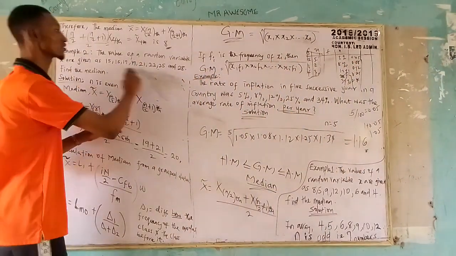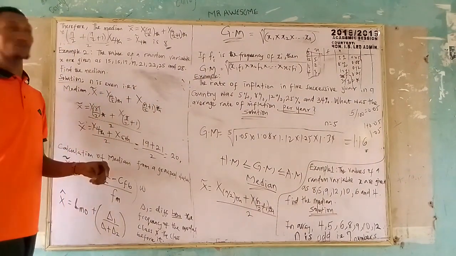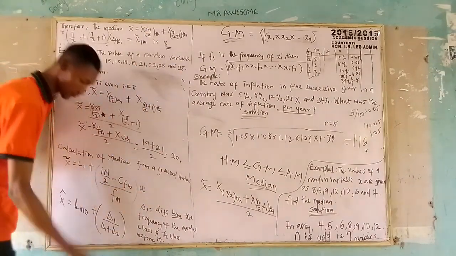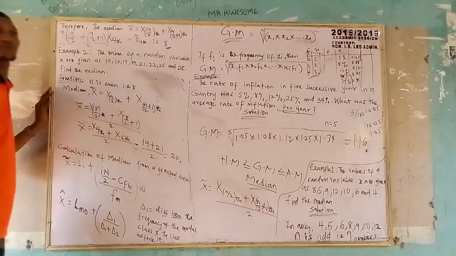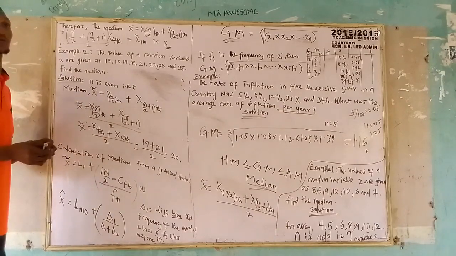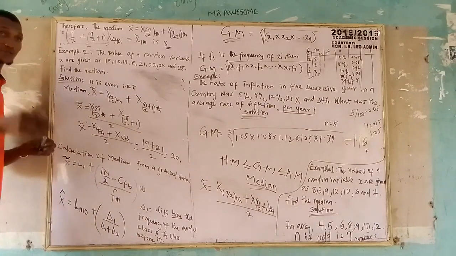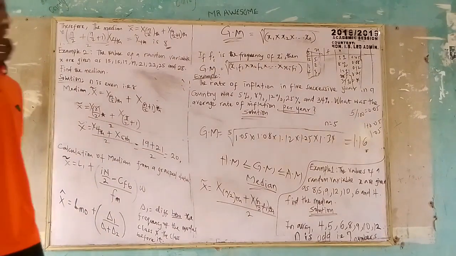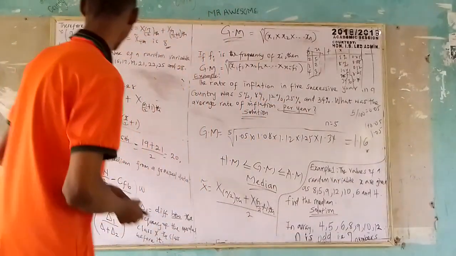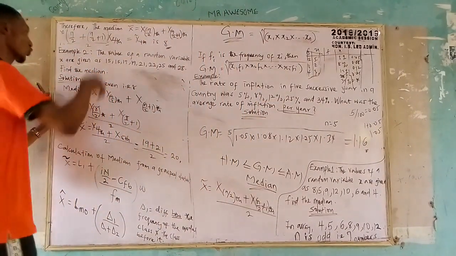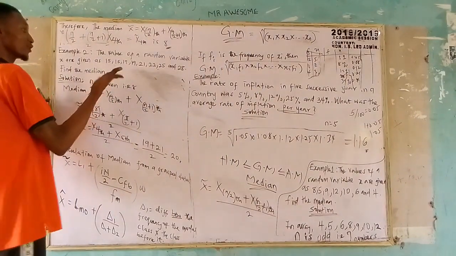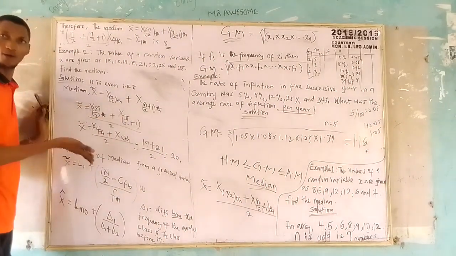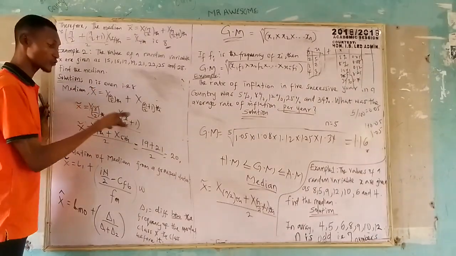What is the value of the random variable as given? First, you find the number of variables. The total number of observations is how many? 1, 2, 3, 4, 5, 6, 7, 8. So the number is 8, and since it's even, we use 8 over 2 and 8 over 2 plus 1.